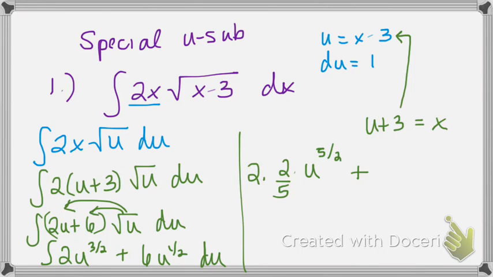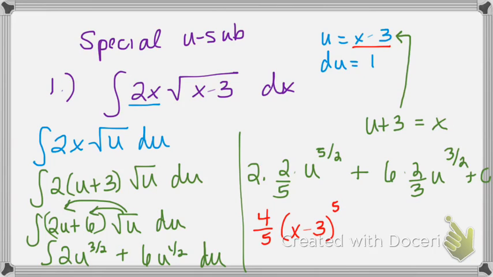And then we have the 6, add 1 to the 1 half, so that would be 3 halves. So flip it. And then you substitute back in what u was. So you would have 4/5 times x minus 3 to the 5 halves plus 12/3, or 4, x minus 3 to the 3 halves plus c.